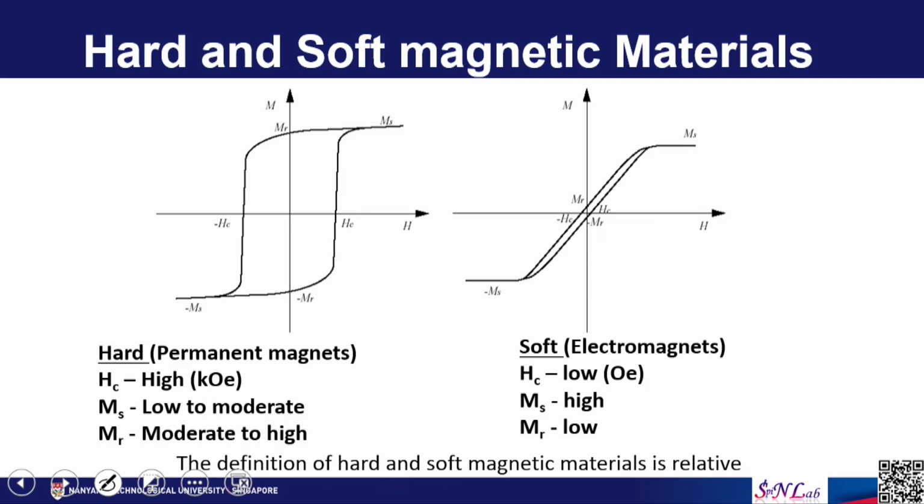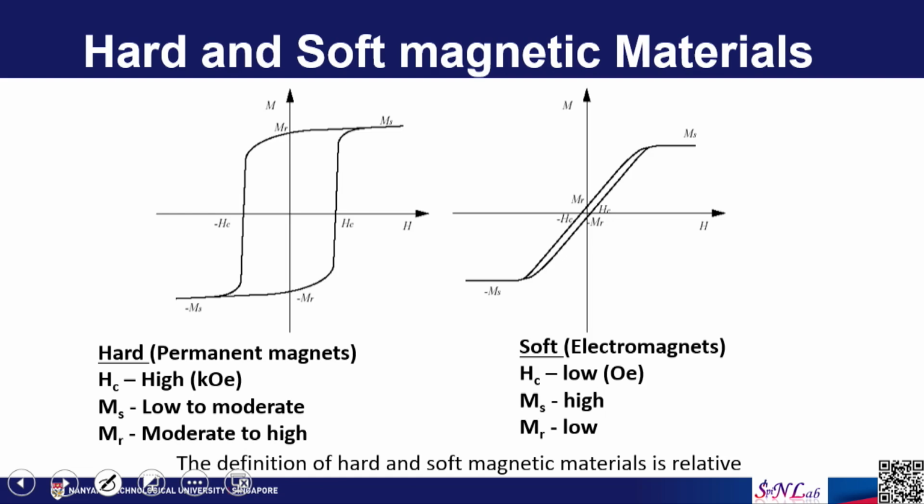On the other hand, the neodymium iron boron type of magnet that you buy from a shop will retain the north pole and south pole for a very long period of time. So, the retention is one thing. The hard magnetic materials retain this magnetization with respect to MS for a long time.